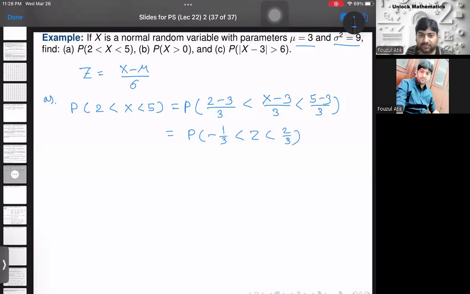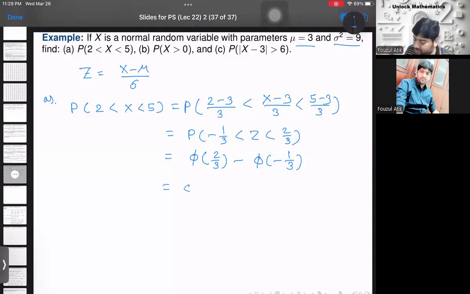Because this is the standard normal variable z, and we know that phi is its cumulative distribution function, this value is equal to phi of 2 by 3 minus phi of minus 1 by 3. These things we have discussed in our lecture class.